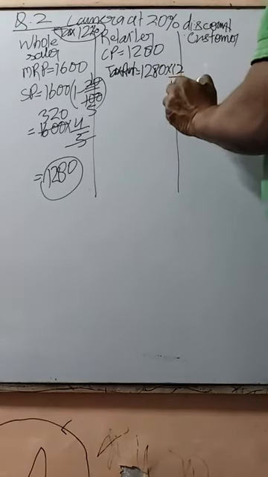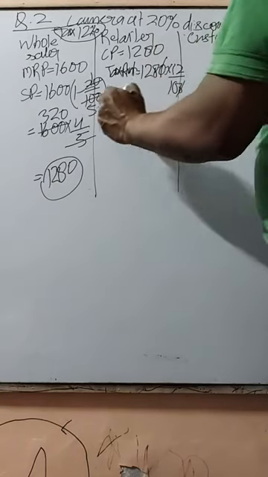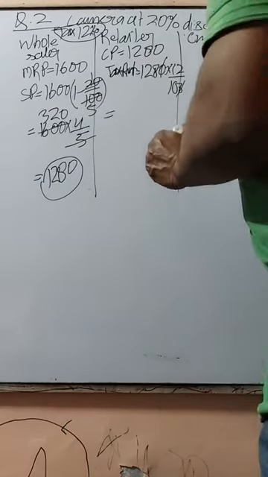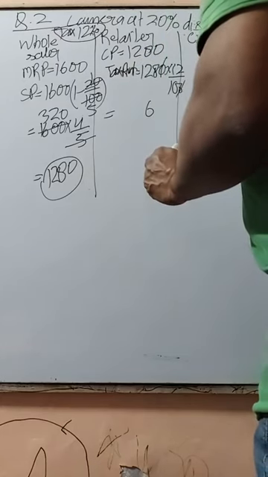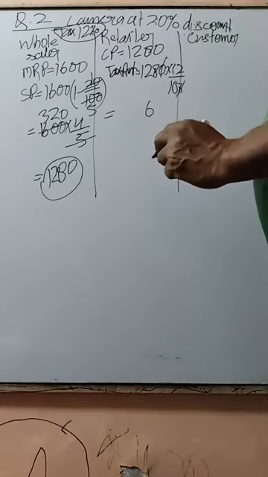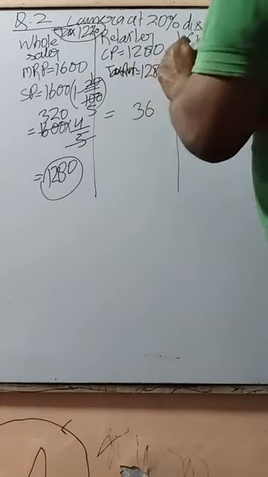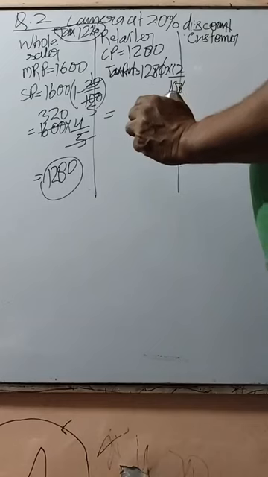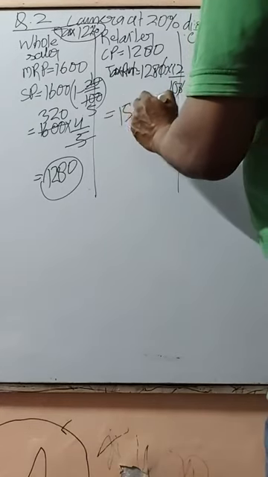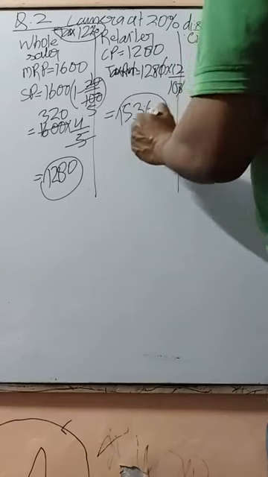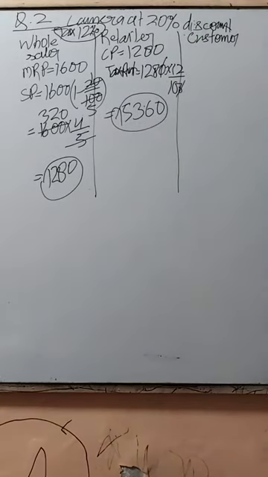So कितना हुआ? 12 8 are 96. We get 9. 12 2 are 24. 9. 33. We get 3. 12 times 1 is 12. 1536 upon 10. 153.60 is tax, right?